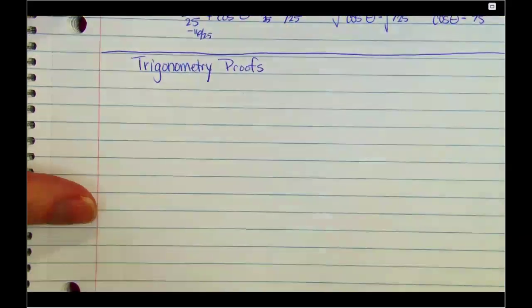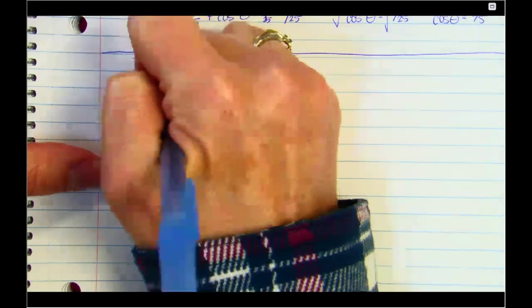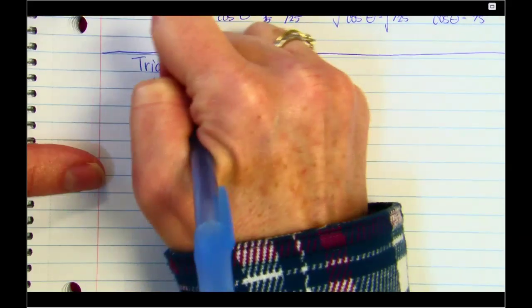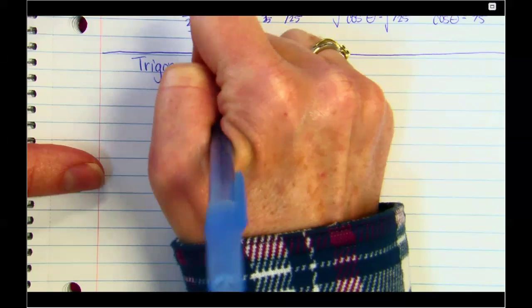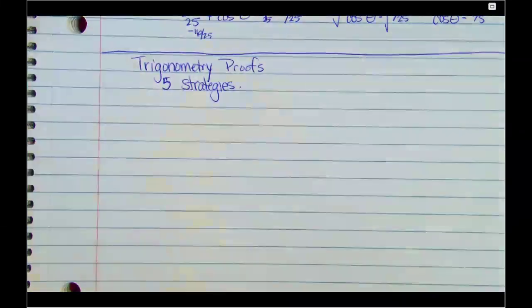Okay, so let me give you a couple strategies. Five strategies actually. These are not in any particular order. As I talk to you today, I'm going to tell you how you know which of these you might want to do, so I will embed that in what we're talking about.